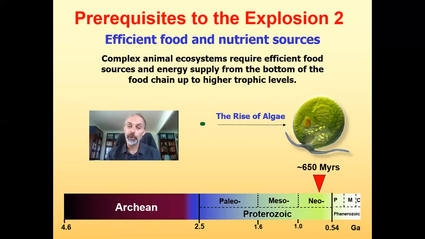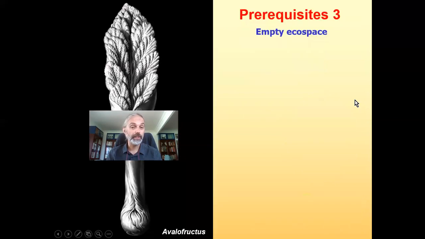And you also have learned that the transition from small, inefficient food particles to large, juicy algae happened around 650 million years ago, just in time for the Cambrian explosion. Prerequisite number 3.